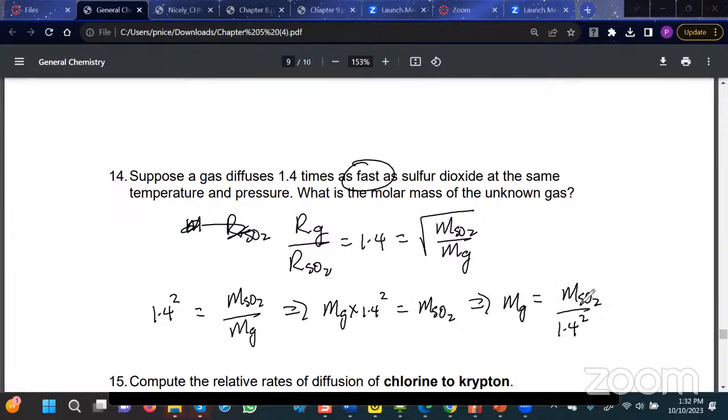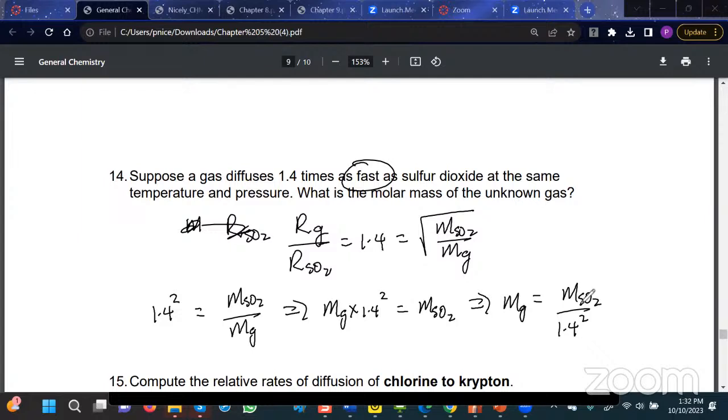So of course you have to go to the periodic table and you have to add up the molar mass of sulfur, which is 32.07, plus 2 times oxygen, 2 times 16, so that's plus 32.